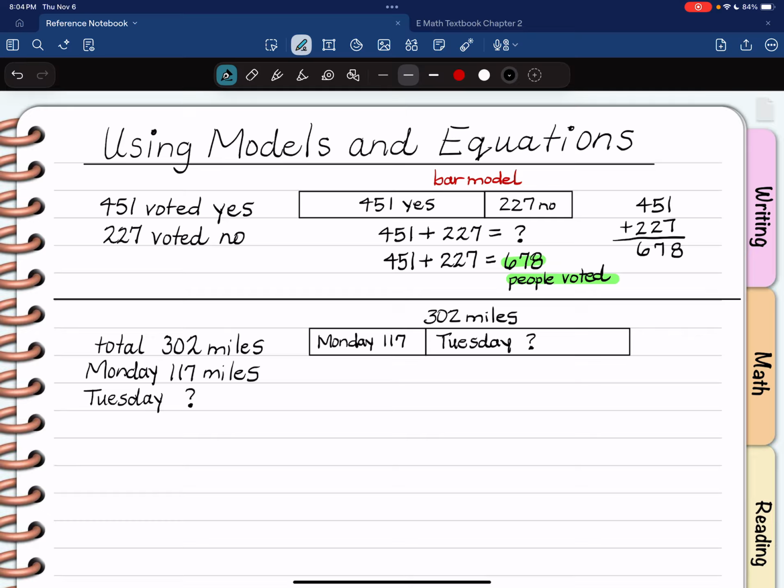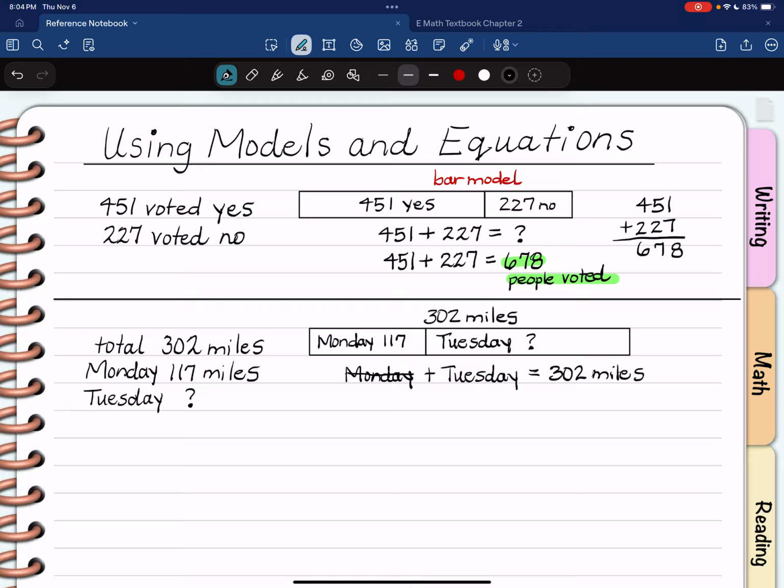So what would the equation look like? It would be, if you wrote it in word form, you would say that Monday plus Tuesday equals 302 miles.